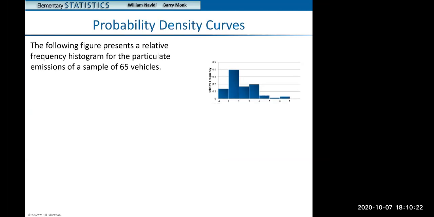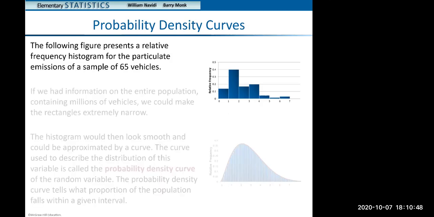Okay, all right, objective 1. Probability density curve. The following figure presents a relative frequency histogram for the particulate emissions of a sample of 65 vehicles. So you have RF, which you learned how to solve, from 0 to 7 here. This is the histogram.